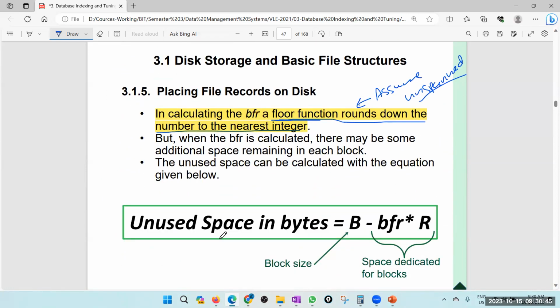So sometimes there will be some space available, but we can't use it because it is less than the size of a particular record. So there can be some wasted space. Remember, your block factor times the number of records is your storage use, and this is your block size. So block size minus block factor times record size is your unused space.